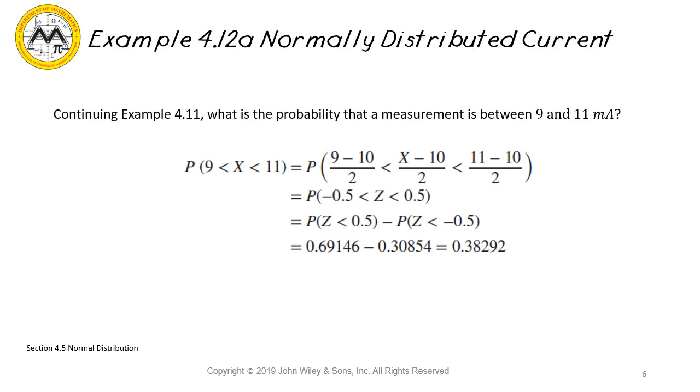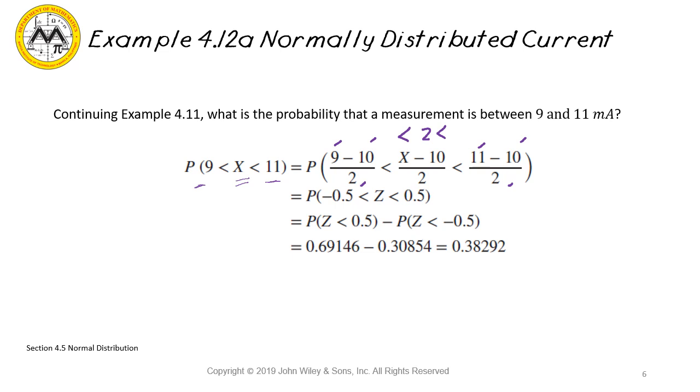Another example: what is the probability that the measurement is between 9 and 11? So we're looking for the probability that x is between 9 and 11. That would be equivalent to a z with the value (x minus mu) over sigma.